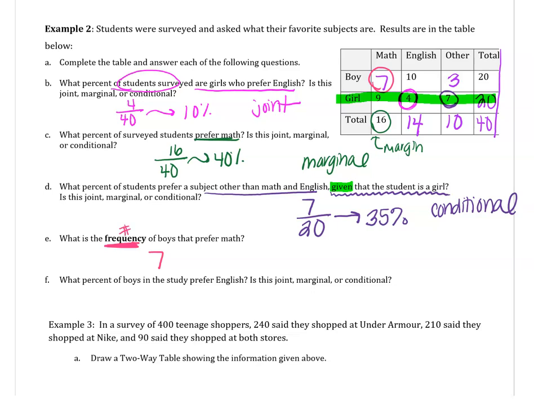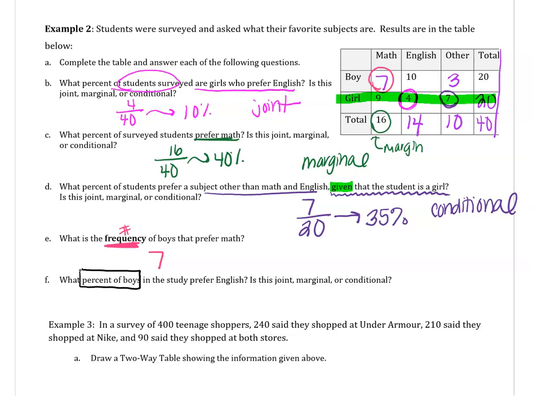Last question in this section, what percent of boys in the study prefer English? Okay, so this is where the wording is a little bit tricky. What percent of boys? So either it's a given or an of, you look for that key language.